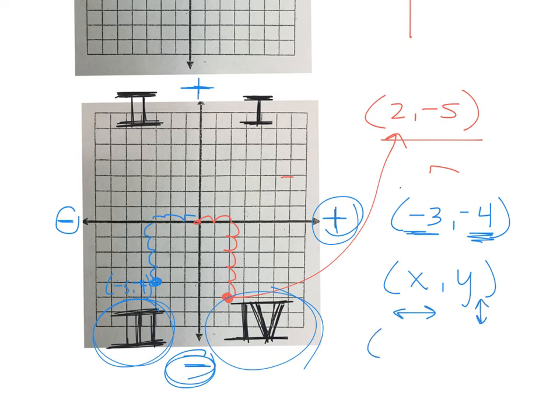So like if I had (-1, 4), I would go to the left 1 and I would go up 4, right? If I had (2, 3), I would go to the right 2 and up 3. So positives go right or up, negatives go left or down, depending on if it's your X or your Y. Okay?